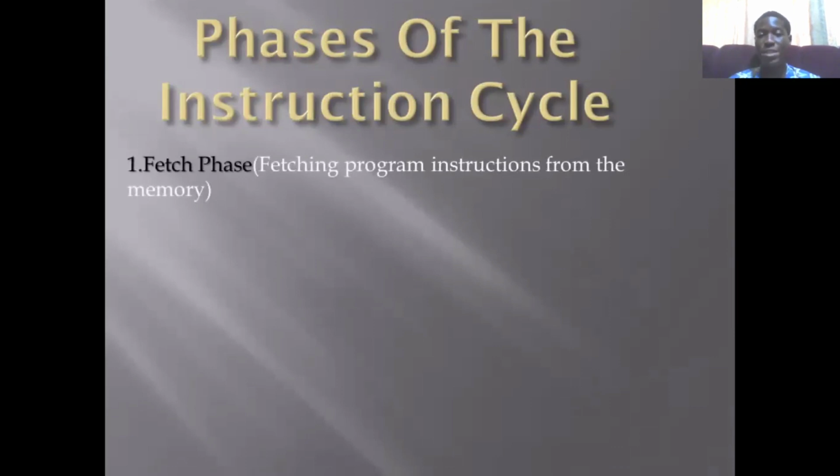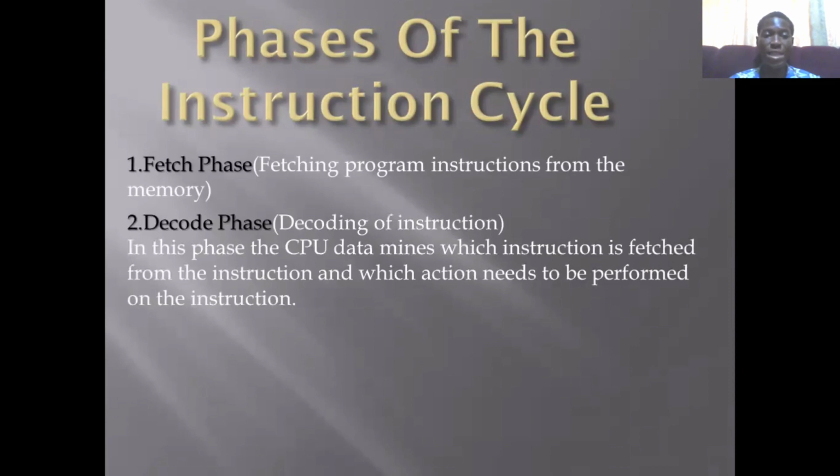One, the fetch phase, the fetching of program instructions from the memory. So here in this phase, the CPU sends PC to MAR and then sends the read command to the control bus. After sending the command, on the data bus, the memory returns the instruction, which is then stored at the particular address in the memory.